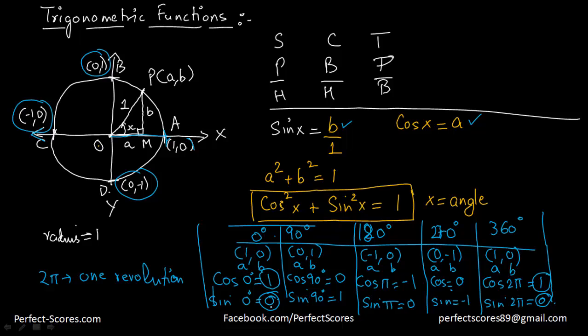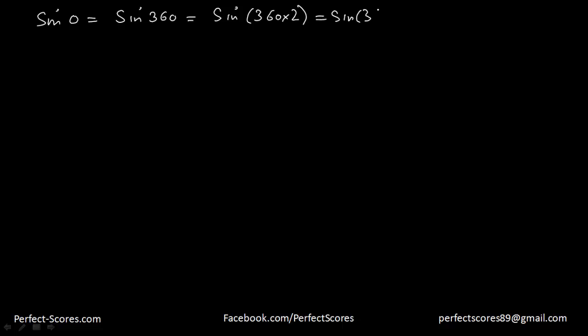Let's talk about the sine function first. The sine function repeats itself after every 2 pi. It was 0 at 0 degrees, and it is 0 again at 360 degrees, so the value of sine 0 is equal to the value of sine 360, which is equal to sine of 360 times 2, and sine of 360 times 3, because it repeats itself after every 1 revolution.